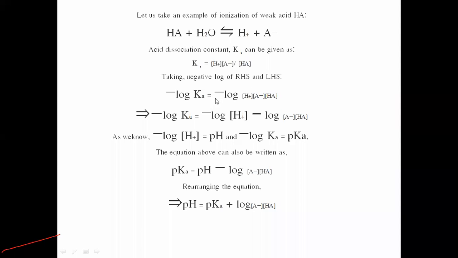Now we are going to take the negative logarithm of all these. So minus log of Ka, minus log of H plus, A minus and HA. So we are going to simplify the equation. The equation above can also be written in the form of pKa is equal to pH minus log of the concentration of A minus divided by the concentration of HA.